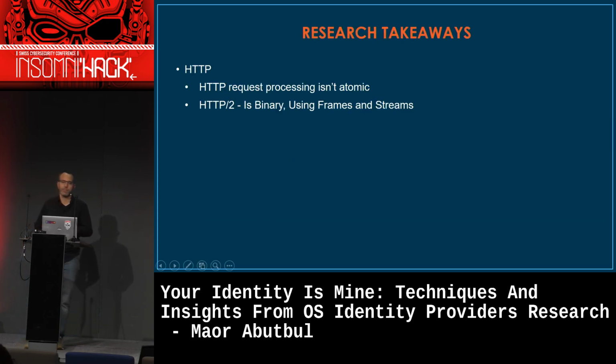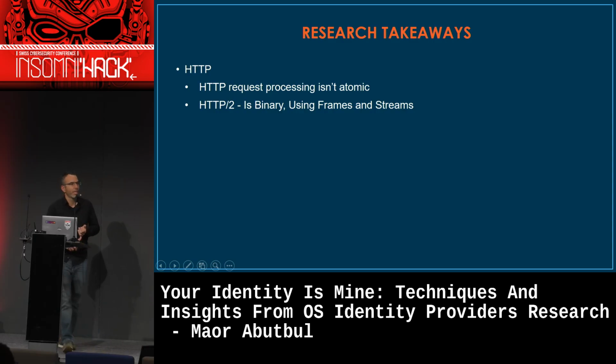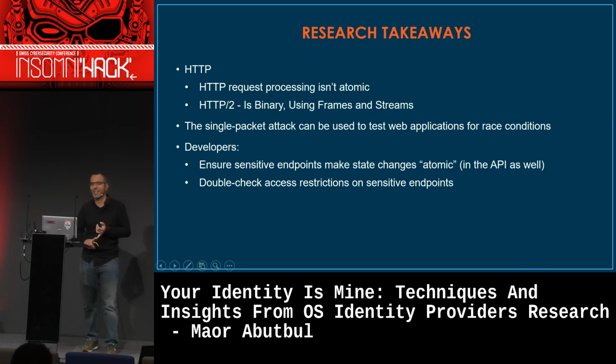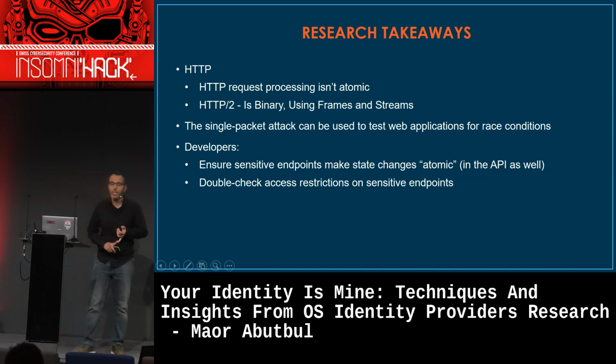Research takeaways. HTTP processing isn't atomic. HTTP version 2 is binary, using frames and streams. The single packet attack can be used to test web applications for race conditions. For developers, ensure sensitive endpoints make state changes atomic in the API as well.